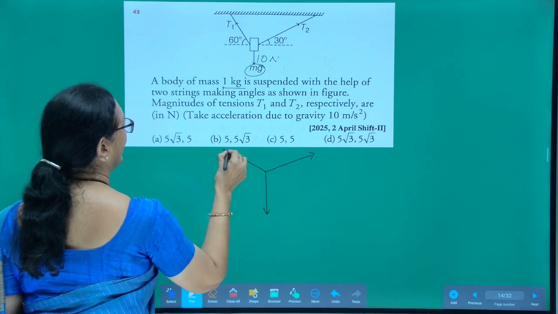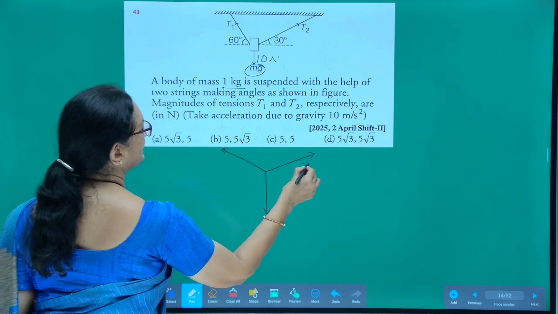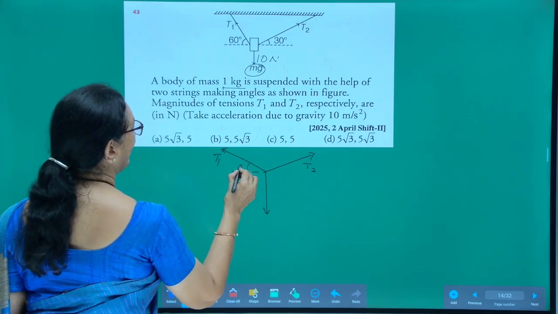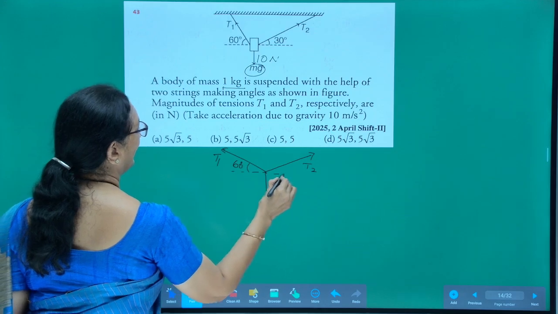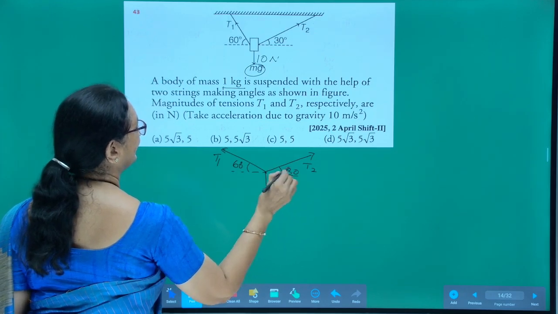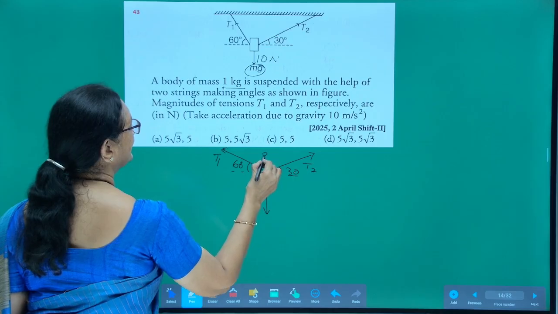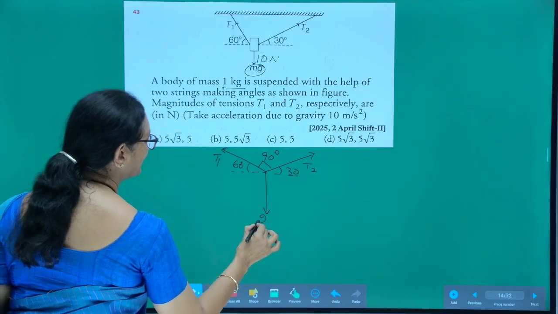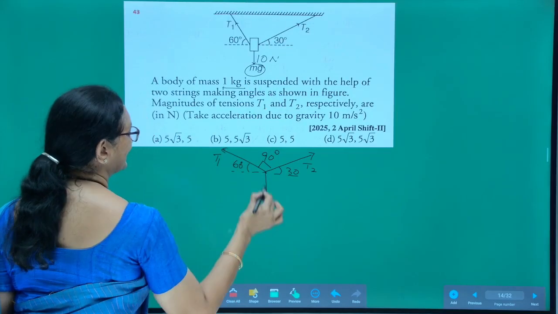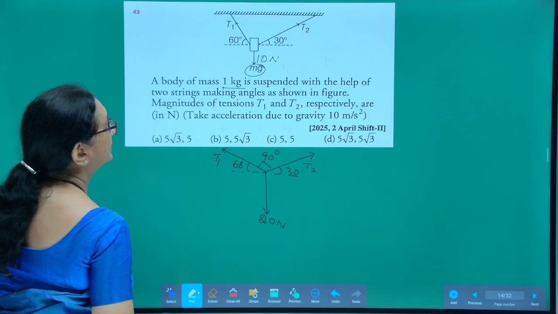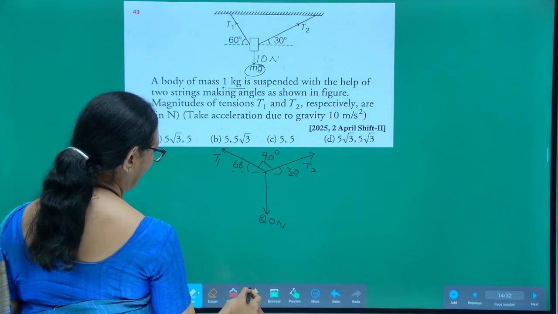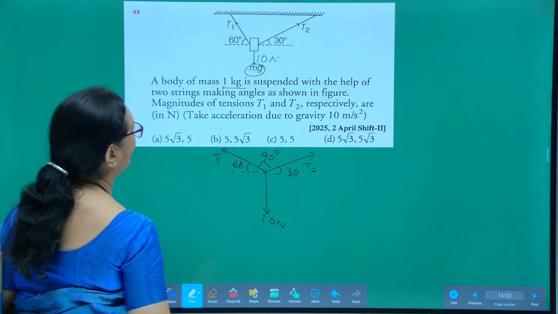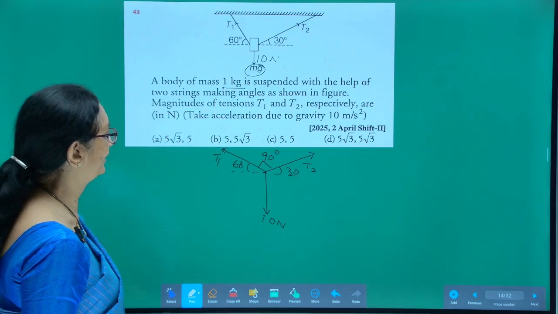See here, like this. This is T2, this is T1, this angle is 60 degrees and this angle is 30 degrees. Again, this angle will be 90 degrees. And the weight suspended is 10 Newton. Mass is 1 kg, g is 10.